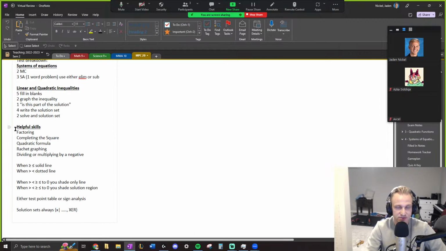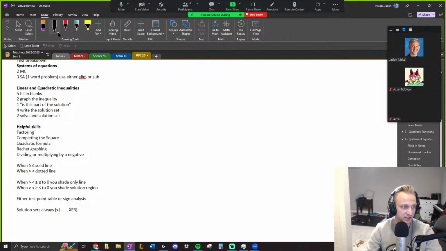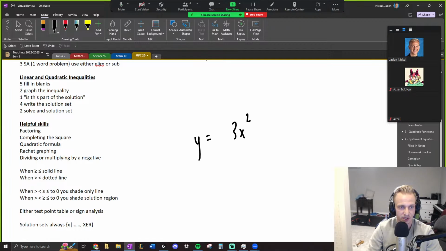As far as things to remember or like good skills to have, one of them would be, can you factor? Do you know how to find your 2 x terms and find your 2 solutions? Another one would be completing the square. So remembering that that's particularly useful when we have an equation that's like y is equal to 3x squared minus 2x minus 6, let's say.